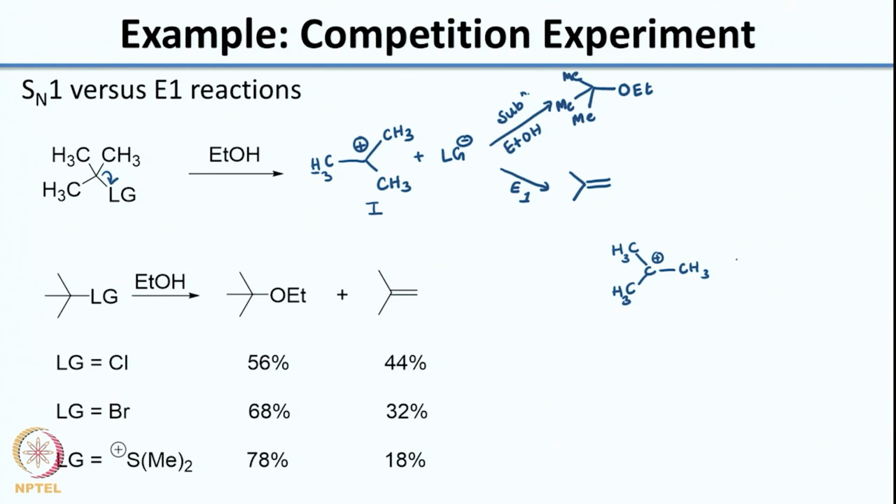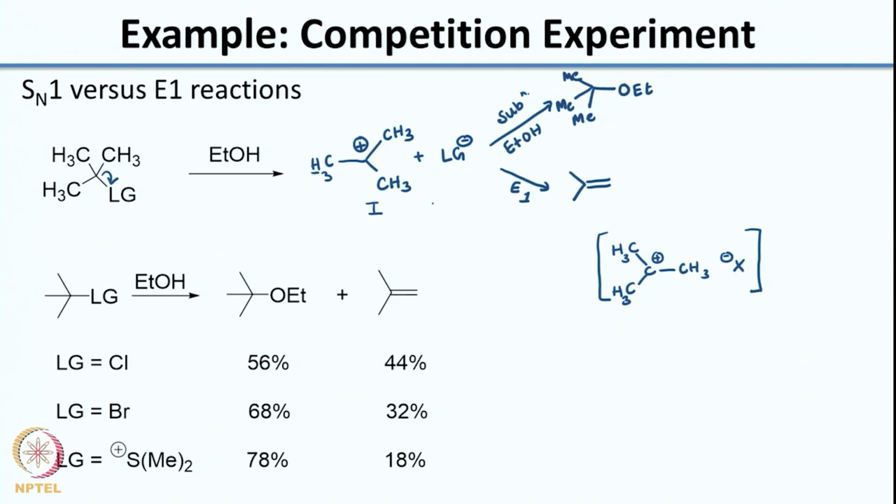you can have the X minus actually in close proximity to this carbocation. So it is not fully solvated as I have shown in the scenario above, where it appears that both these species are independently in the reaction mixture and fully solvated.